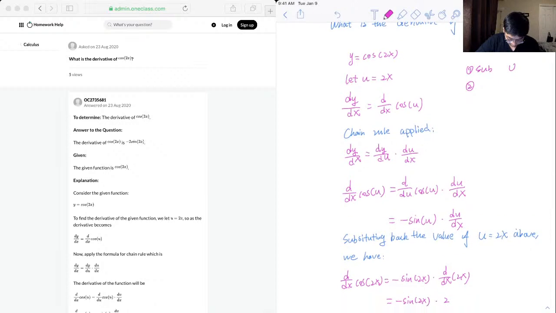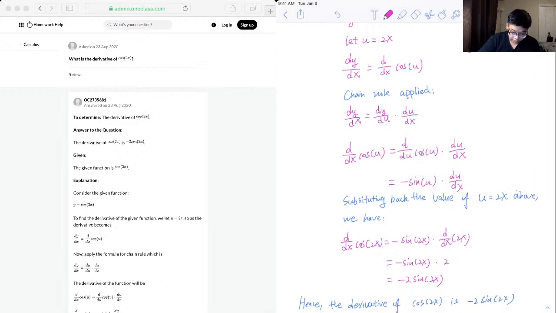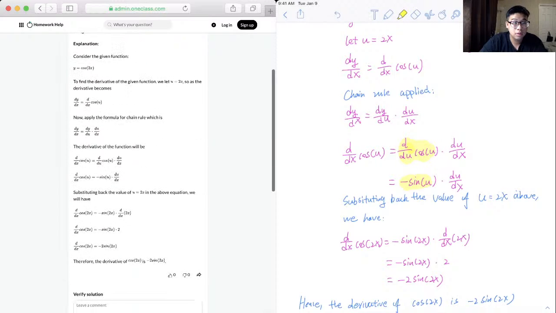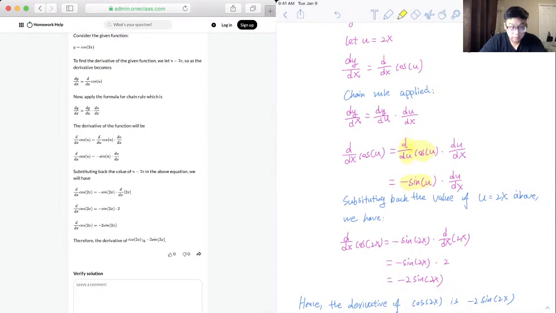And don't forget, when you take the derivative of cosine u, it's going to be negative sine u. So don't forget the negative sign. Yeah, I think that's all we have for this question.